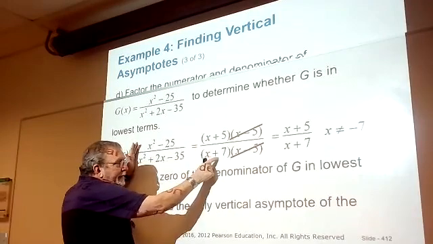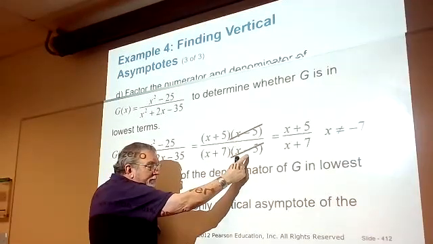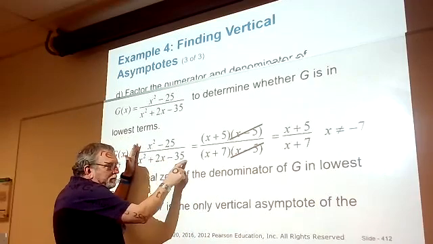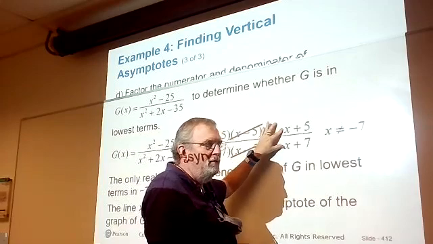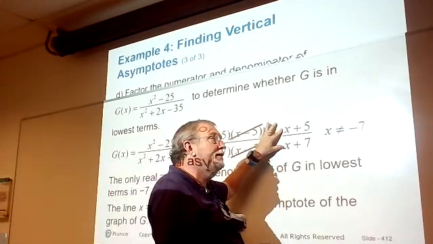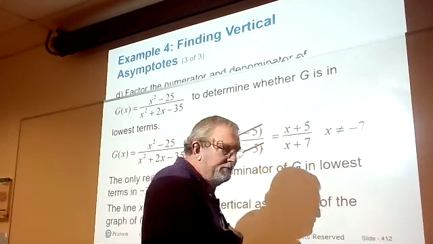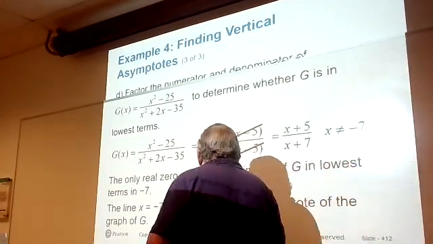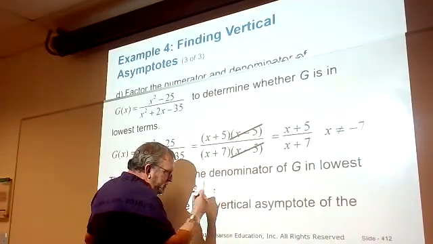So that means I can't use 5 here, because when I put 5 here, I get 0 down here. So even though I could put 5 here, that'll be 10 over 12. 10 divided by 12 is what? 5/6. So at 5 over here, the graph is at 5/6, so I have to have an open dot.